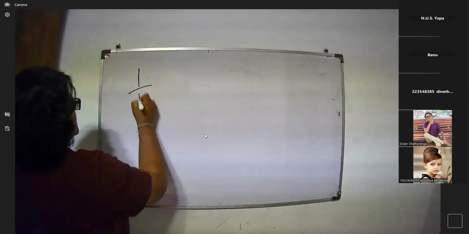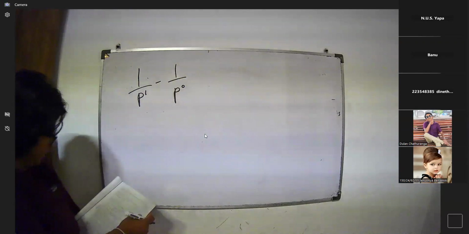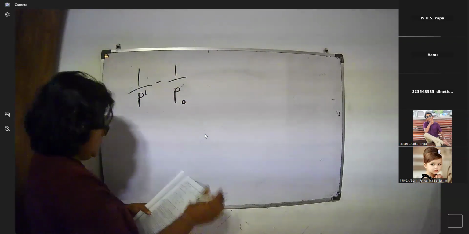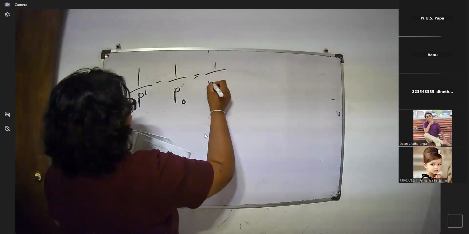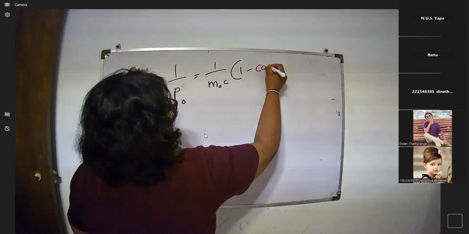1 over P dash minus 1 over P naught. At the end of the calculation, we can see this is equal to 1 over m naught c into 1 minus cos theta.